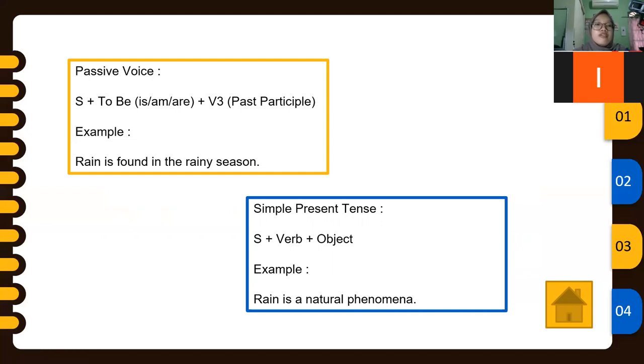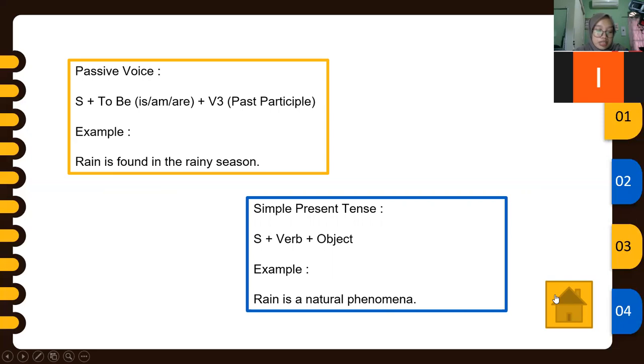Mention the formula of passive voice. The beginning of subject, to be is are, plus verb 3. And mention the formula of simple present tense. Begin with subject, verb, plus object.